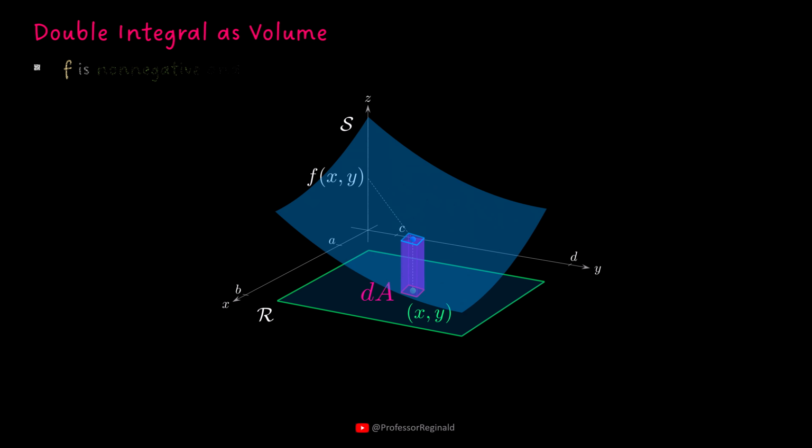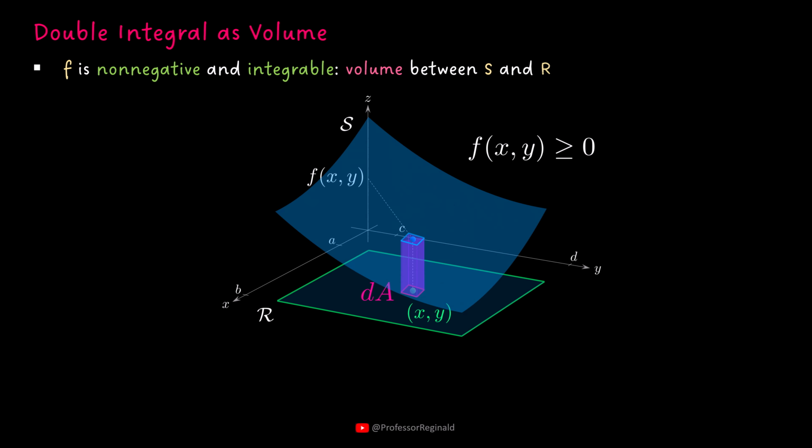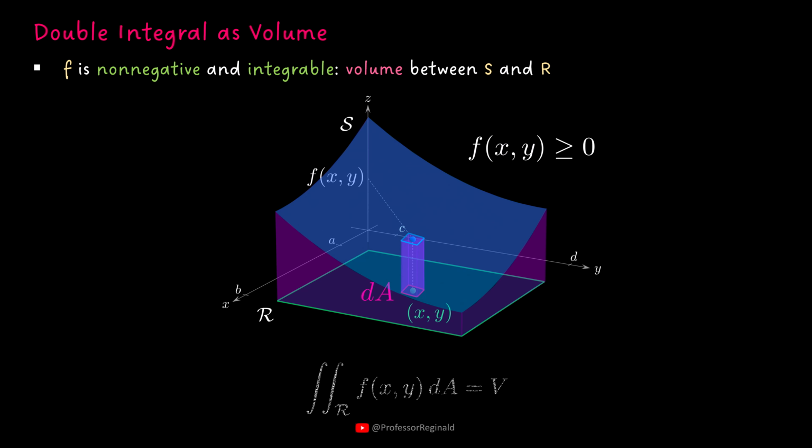If a function is non-negative and integrable, non-negative means the function is greater than or equal to 0, which means the surface lies on or above the xy plane. Then the double integral of the function over the region of integration is the volume between the surface and the region of integration. Hence, this double integral is the volume under a surface.